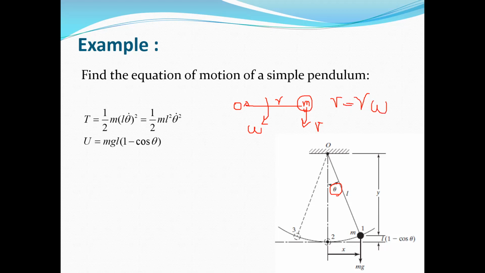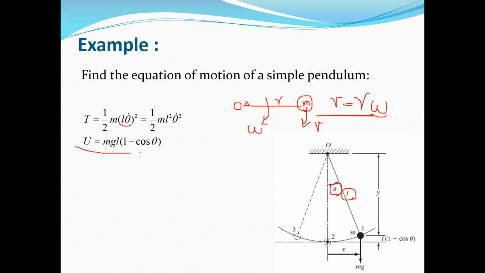Okay, so v is the linear velocity of mass m, and it's equal to the radius times the angular velocity. Here, the linear velocity is equal to L theta dot, where theta dot, in fact, is the angular velocity, the same omega, and r is the radius, which here is equal to L. So the kinetic energy for this mass m is equal to half times m L squared times theta dot squared.